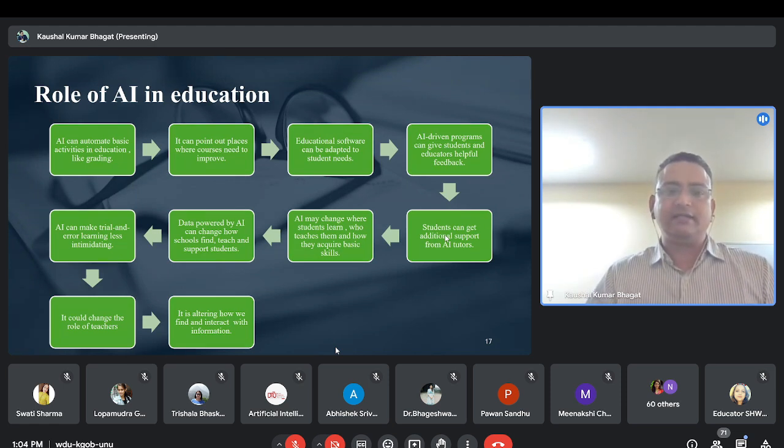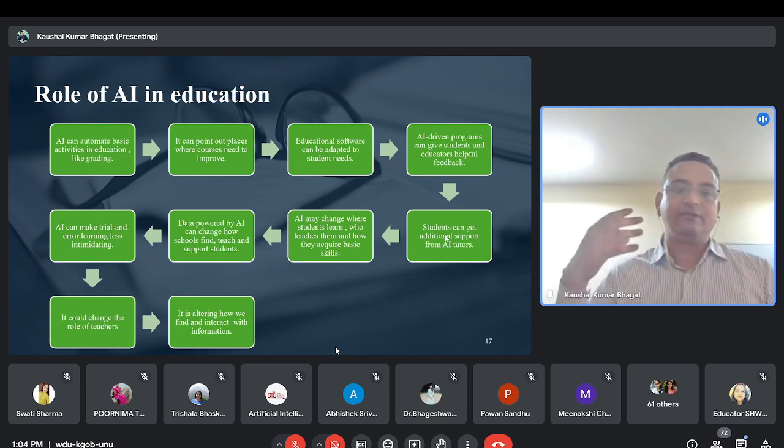There are other types of activities that could be implemented in education. AI can automatically provide basics like grading. Then some feedback could be provided immediately to students who are not performing well.